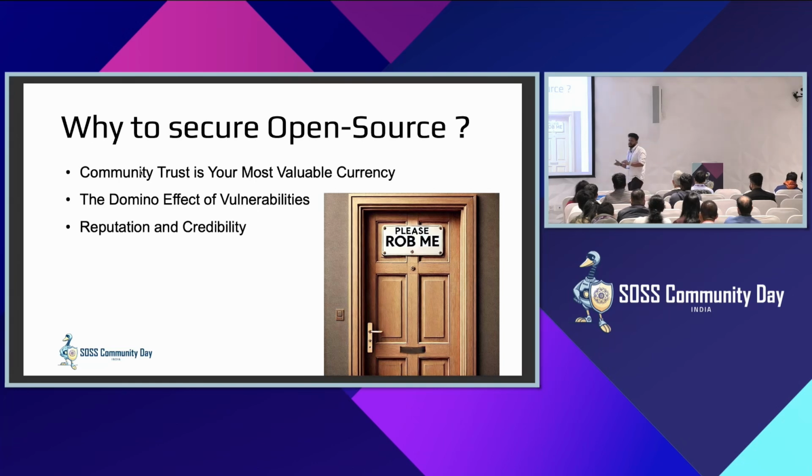And third is reputation and credibility. The more secure your application is, the more reputed and credible it is. As you all know, federal governments and private sectors are using so many open source tools, and they use them with complete trust because they are secure.